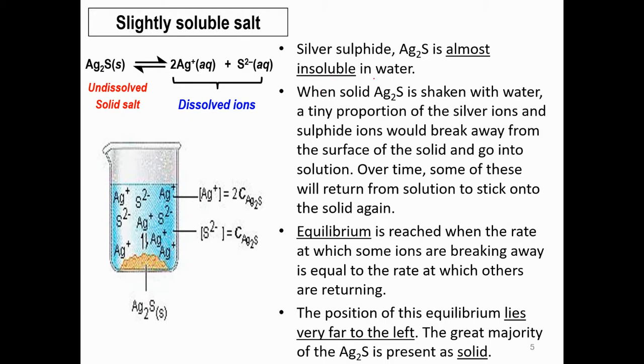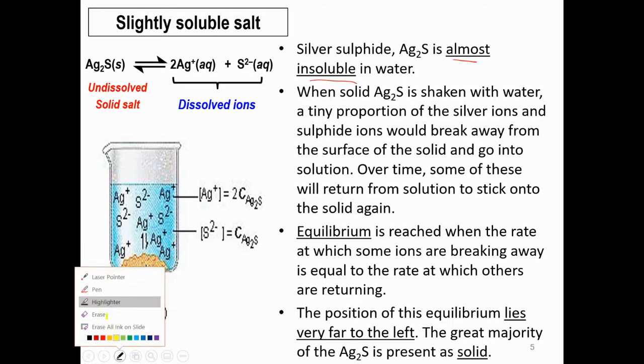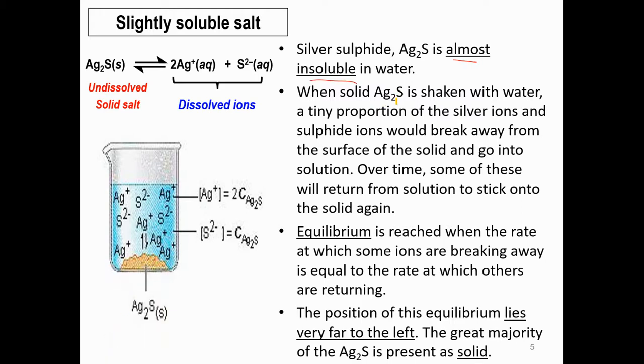Silver sulfide is almost insoluble in water. When solid silver sulfide is shaken with water, a tiny portion of the silver ions and sulfide ions would break away from the surface of the solid and go into solution. Over time, some of these will return from the solution to stick onto the solid again.